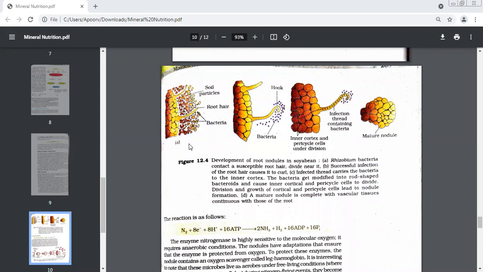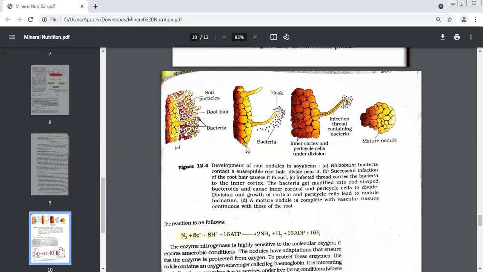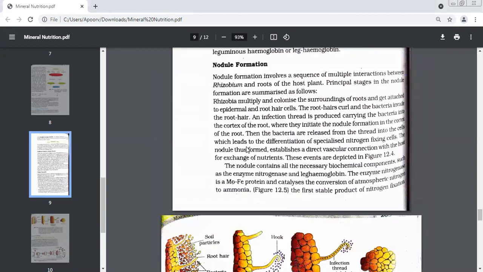Fine. There are different steps in the formation of a nodule and the diagram for nodule. Once again, I'm showing you the steps for formation of nodule. Read it quickly, especially the role of leg hemoglobin. We'll be coming to it very soon. Why is leg hemoglobin so important? We just did that, yes, the color is pink or red because of its presence. So what topic we'll be taking up today will tell you why it is so important.